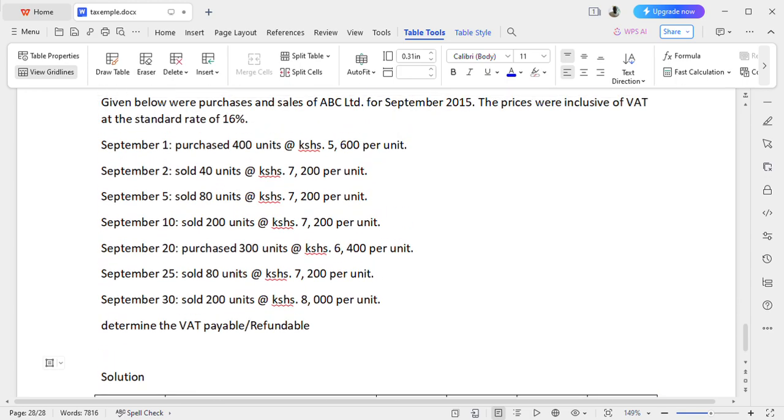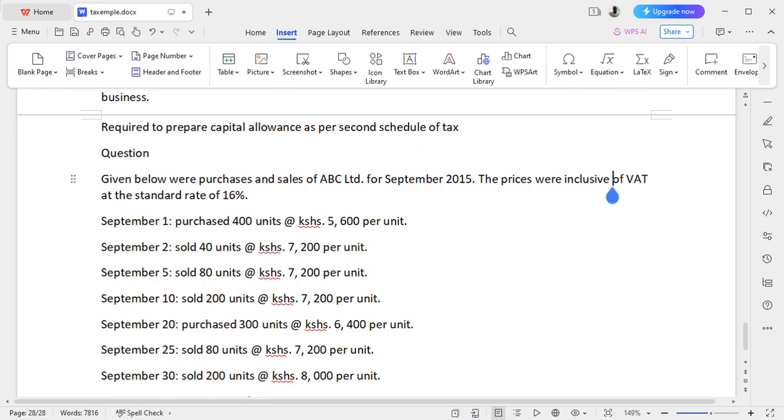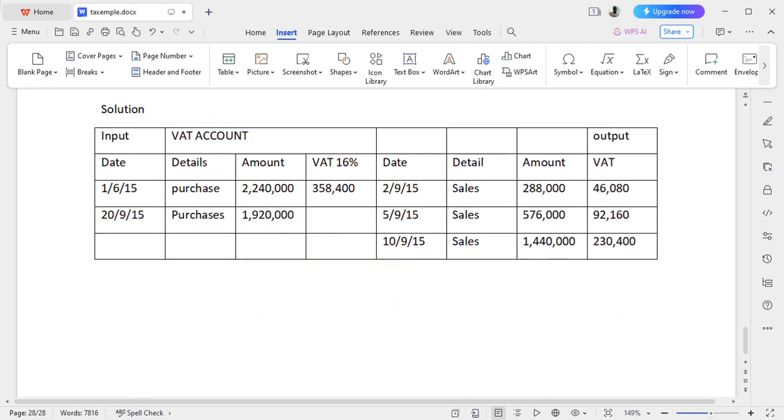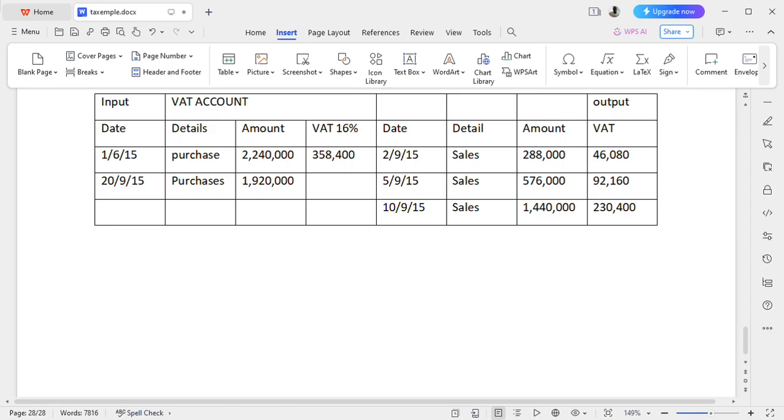Now let me change the scenario of the question. This is exclusive, not inclusive. So please mark that this is exclusive. If it is inclusive, we would have done the standard rate divided by 100 plus the standard rate.